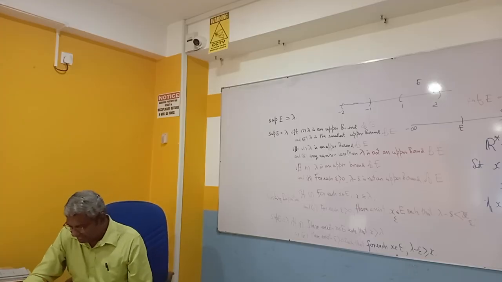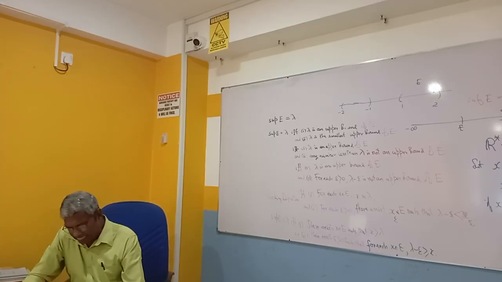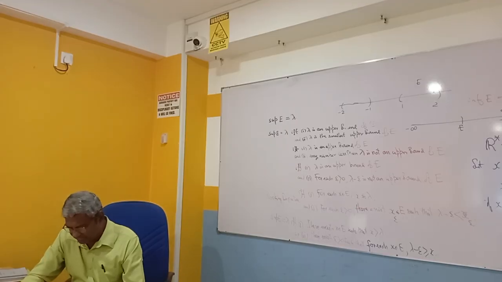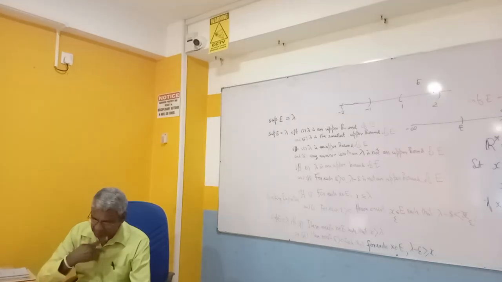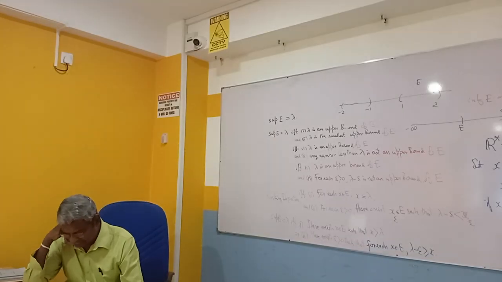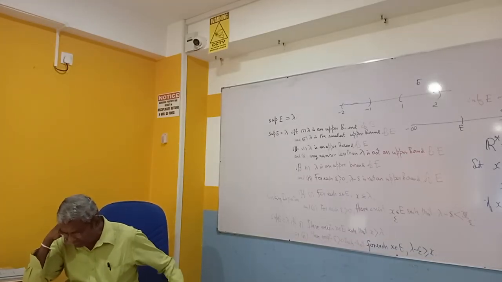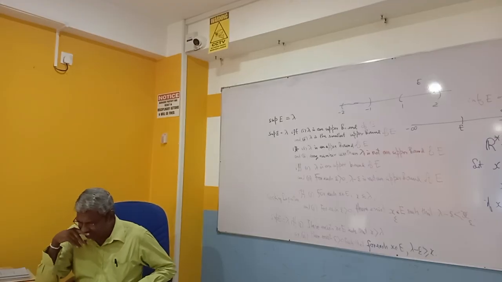Let's go through it. Let (a_n) from n = m be a sequence of real numbers, and let x be the extended real number. So x can be plus infinity or minus infinity or a real number. x is equal to the supremum of (a_n) going from m to infinity. Then we have a_n less than or equal to x for all n greater than or equal to m.